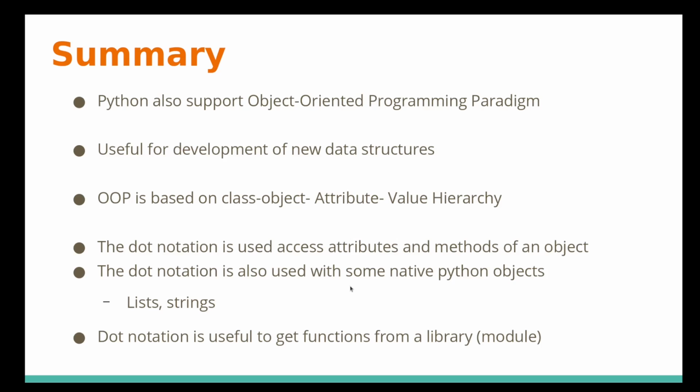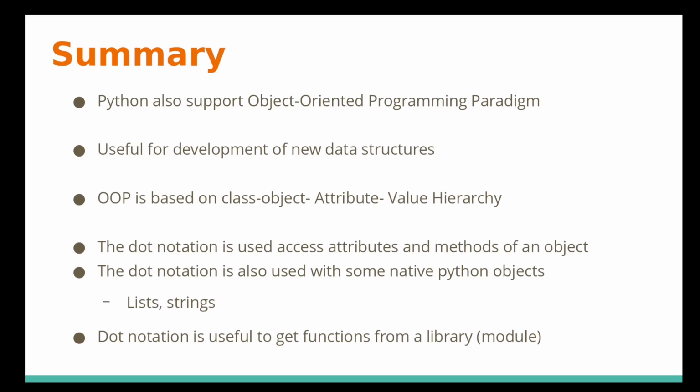So in summary, Python, in addition to procedural programming and the functional programming paradigm, also supports the object-oriented programming paradigm, which is very useful for the development of new data structures, and hence is widely used in libraries, which provide us with additional functionality and new data structures. OOP is based on the class, object, attribute, value hierarchy.